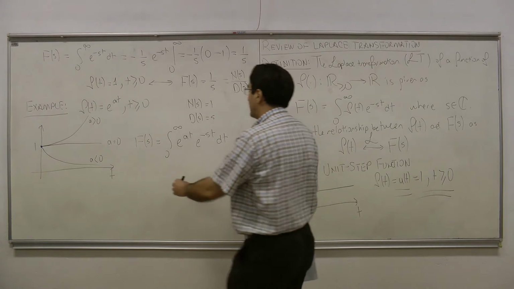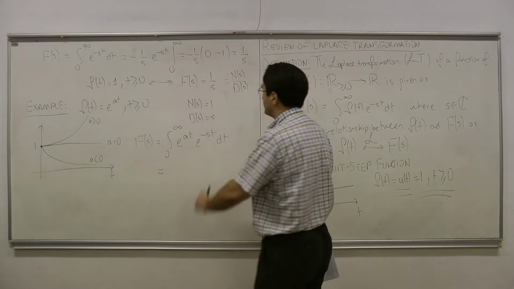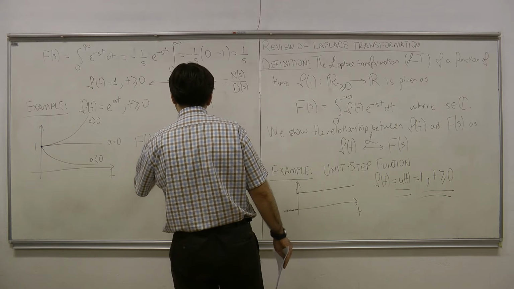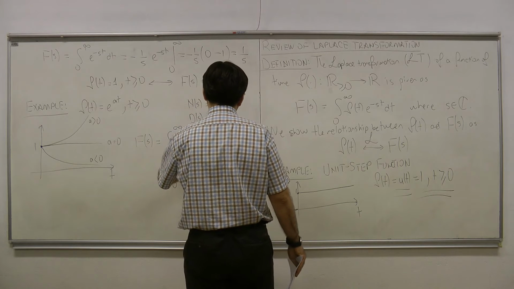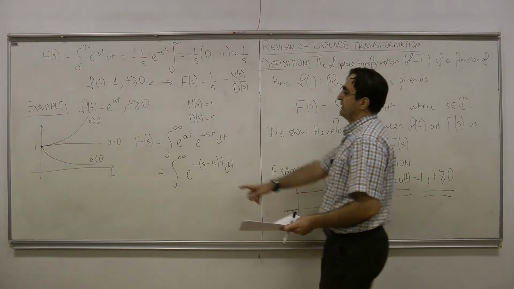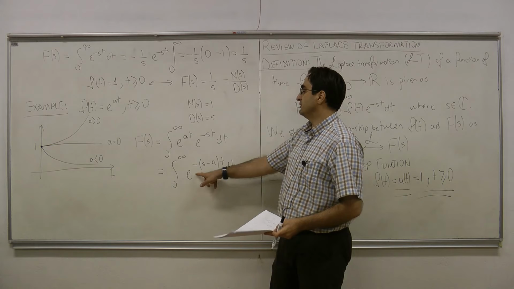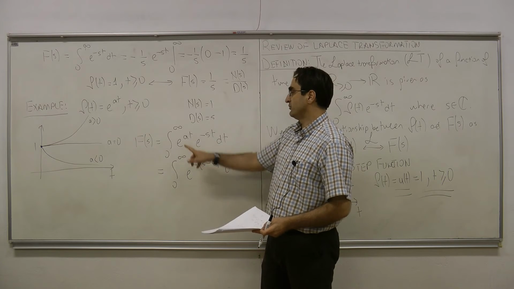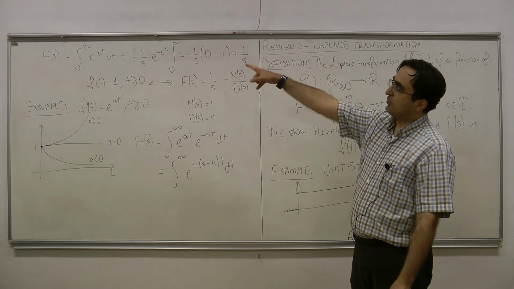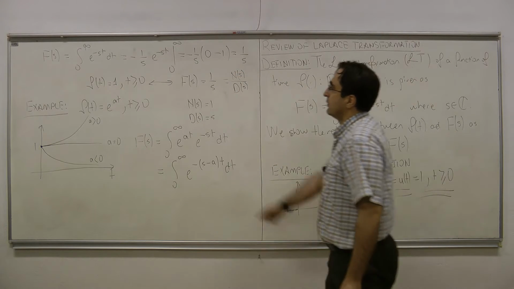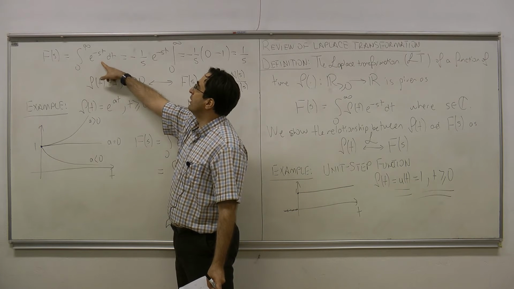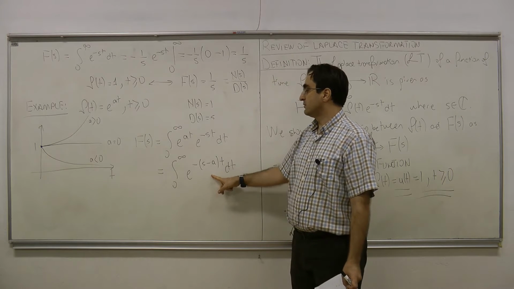So now I will write the multiplication of these two exponentials as a single exponential: the integral from 0 to infinity of e to the minus (s minus a) t dt. So you see that this is e to the minus st times e to the minus at, which is e to the at. All right? But I have just calculated a very, very similar integral. I have just calculated this one, and now I need to calculate just this one.